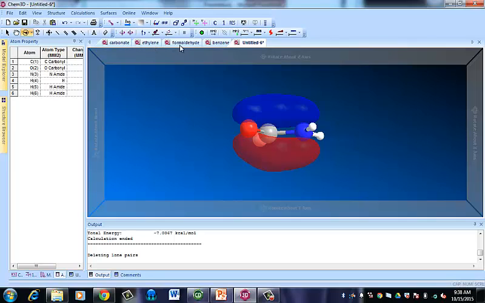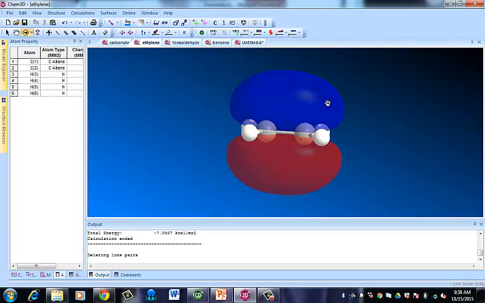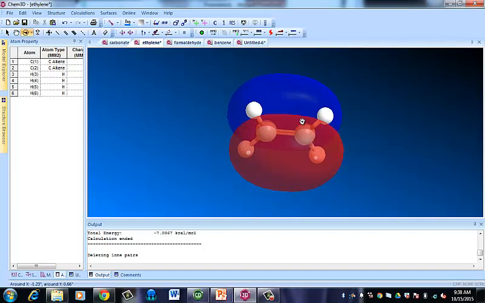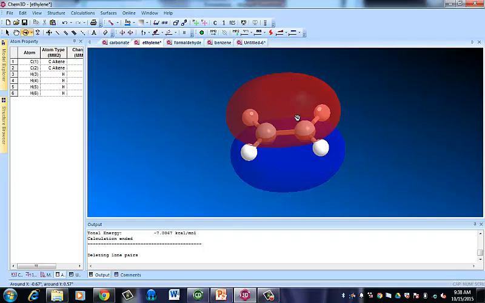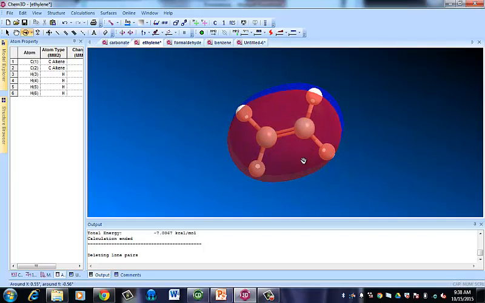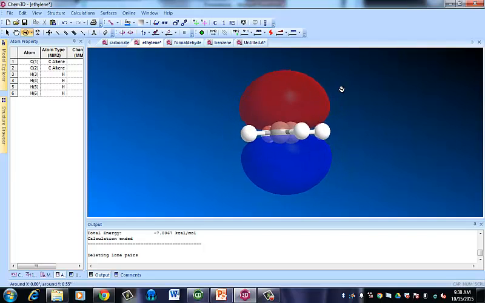So here is a view of the pi bond in ethylene. So ethylene is C2H4. So you can see my 2 carbons and my 4 hydrogens. The pi bond in ethylene looks kind of like a hamburger bun.